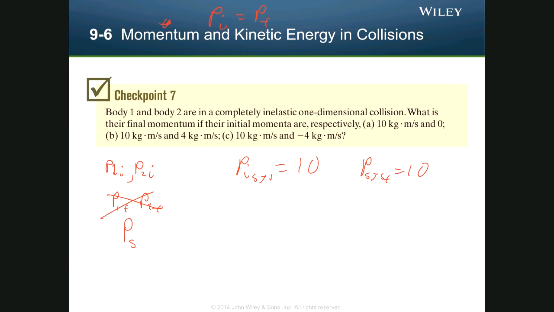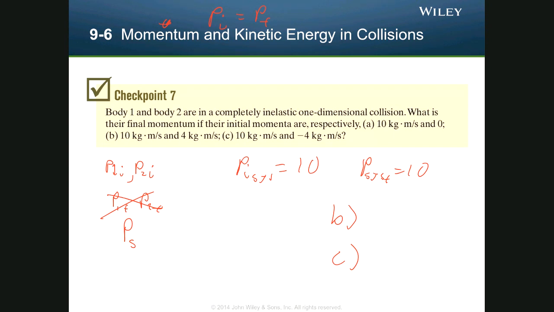So now you try B and C. Good, good. 14 and 6.